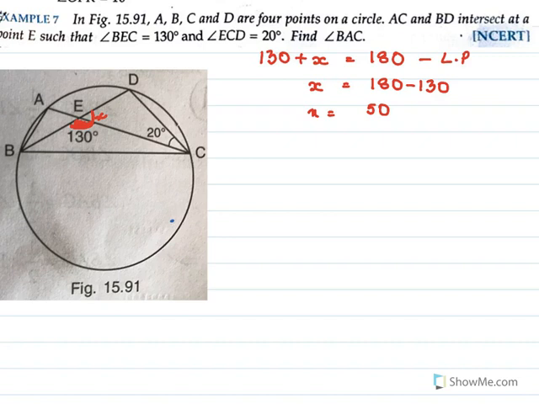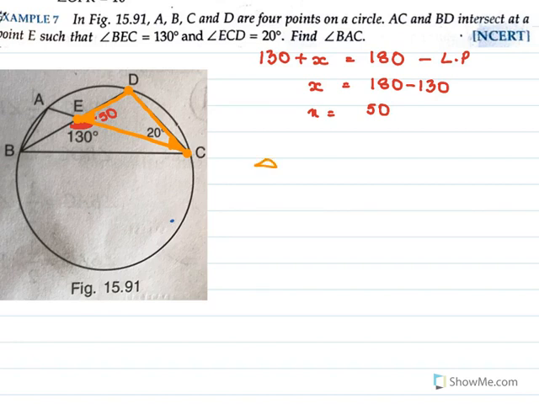Now let us spot a triangle that has got two angles. So I rub this and I write now 50 here because I found this as 50. Now look at the triangle DEC. In this triangle two angles are given. This is 20 and here is 30.